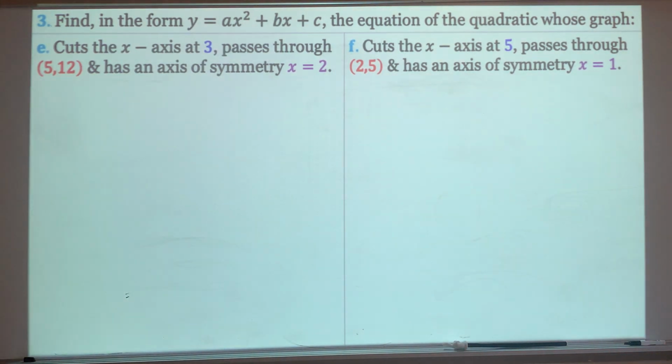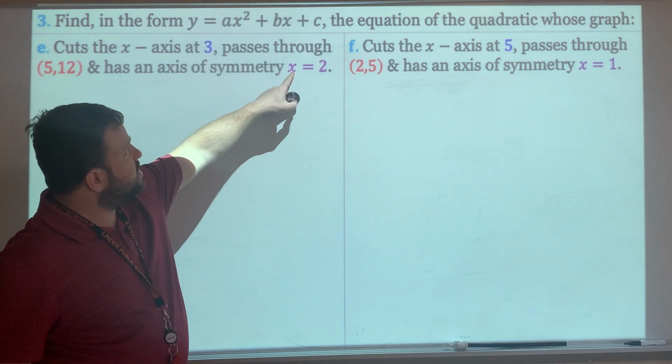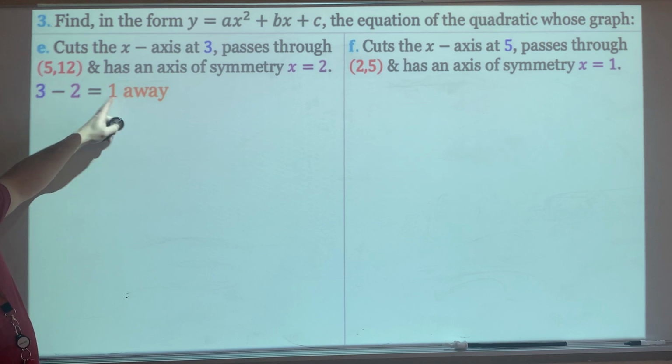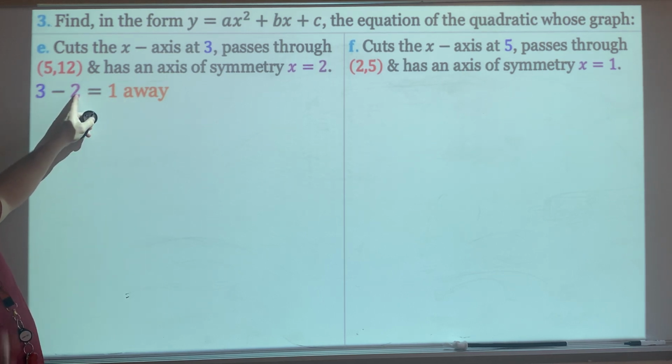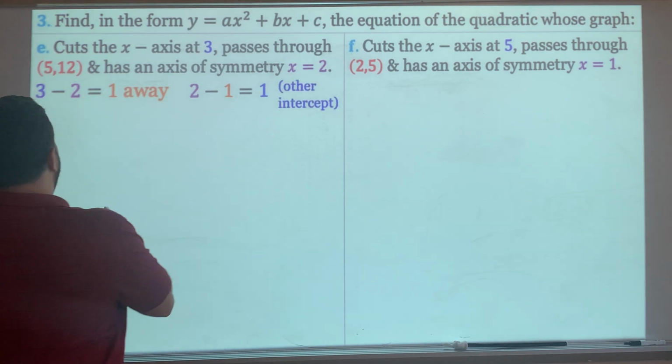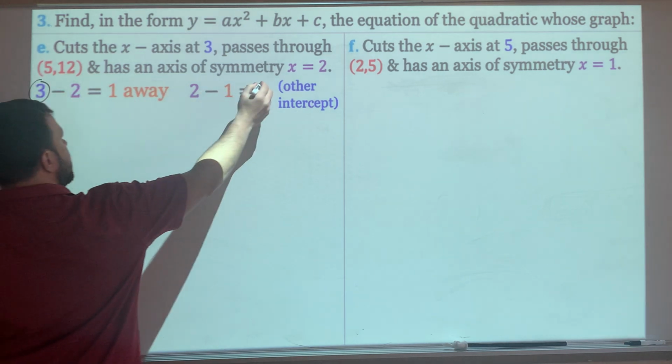So the first step is to find the second x-intercept. If the axis of symmetry is 2 and the intercept is 3, 3 minus 2 means you're 1 away. So from 2, go the other way, 2 minus 1 is 1. That's your other x-intercept. So my x-intercepts are 3 and 1.